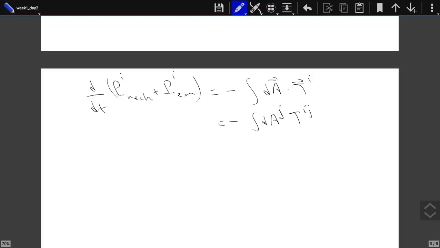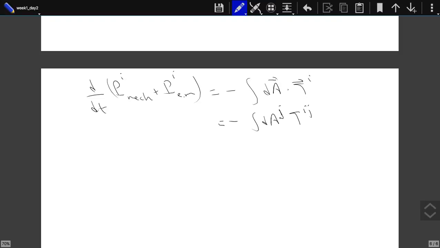So I say we have this volume, and then we said that through this volume, the momentum is changing because the momentum is flowing. If this derivative is negative, that means this integral is positive, so the momentum is flowing out.